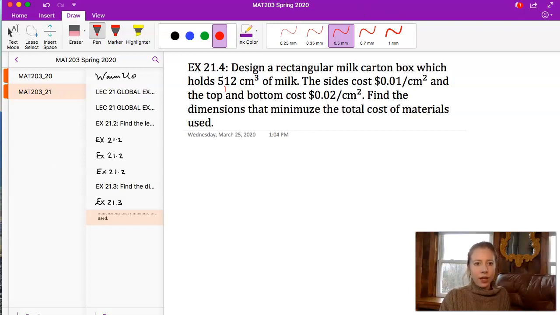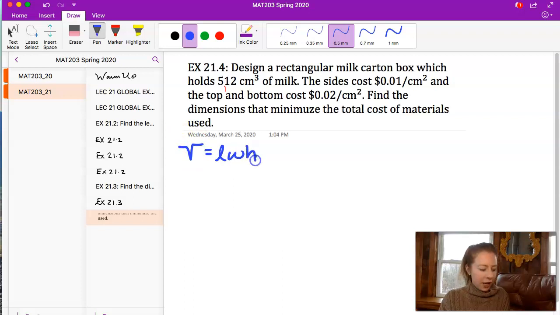So let's really think about what we are doing here. Once again, we know that volume of a box is going to be equal to length times width times height, which we're told is 512 cubic centimeters.